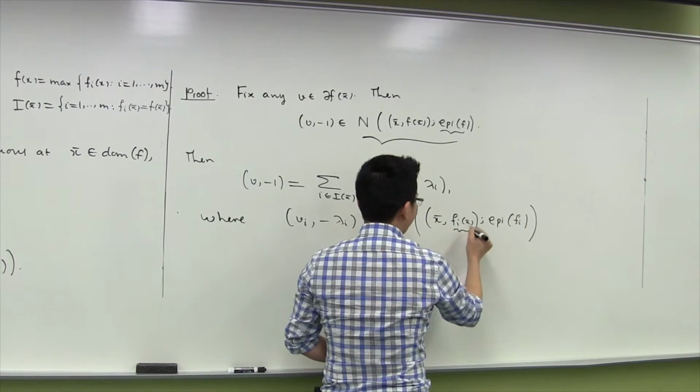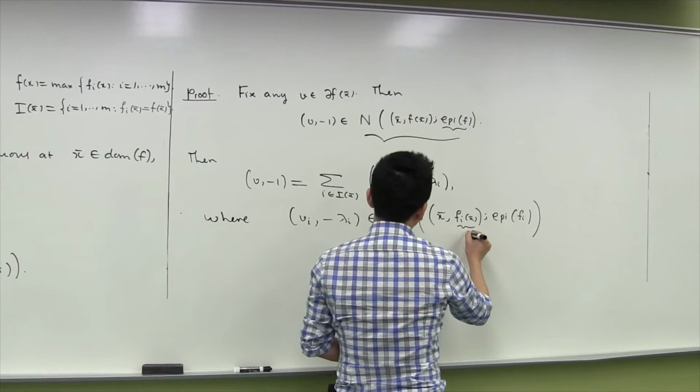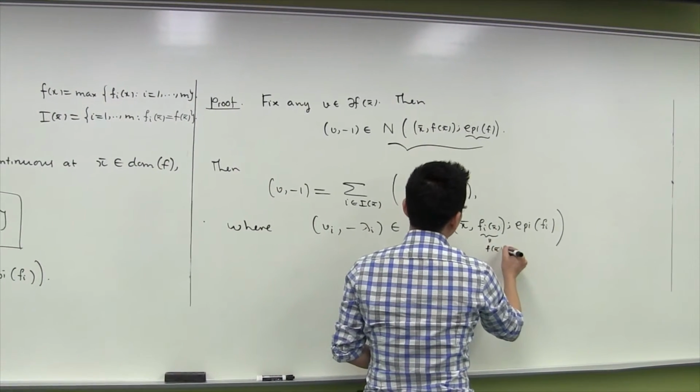And over here, remember that because i runs in I of x bar, fi of x bar is the same as f of x bar. Okay.